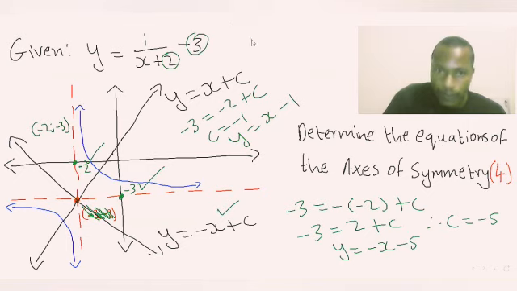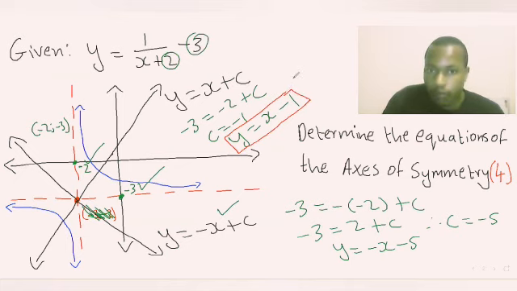So this would be the equation of the axis of symmetry with a positive gradient, and this over here would be the axis of symmetry with a negative gradient.